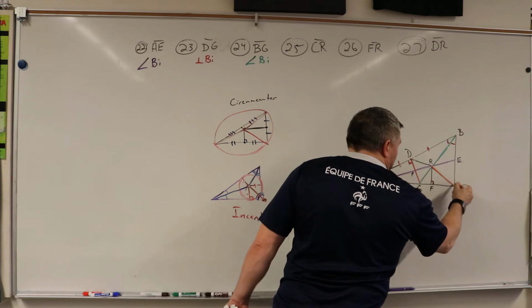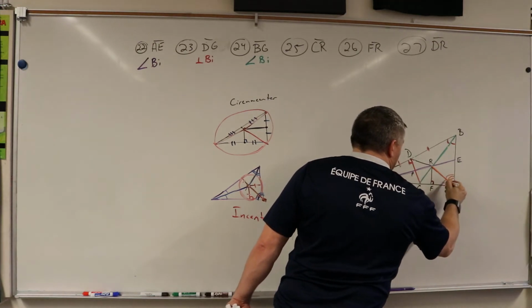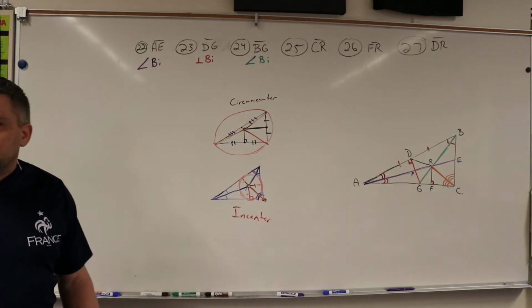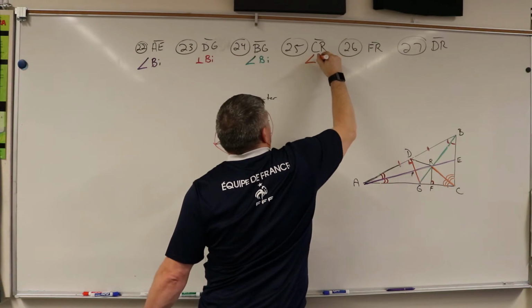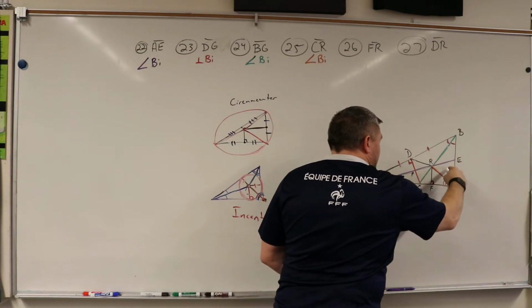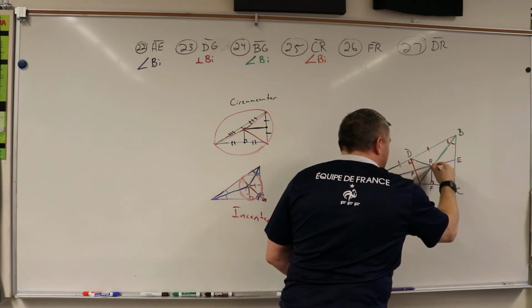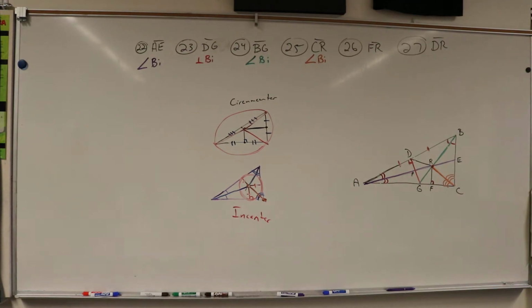So this line is an angle bisector. Does that make sense? Because these other two lines all intersect right here. Those two angle bisectors intersect with that same angle bisector.